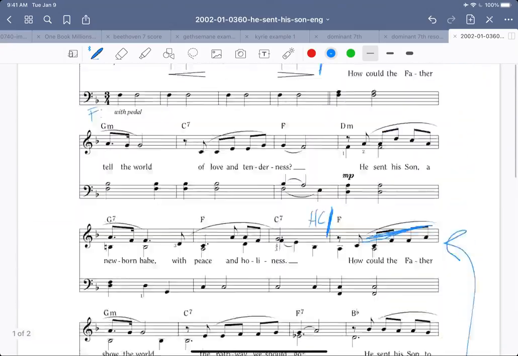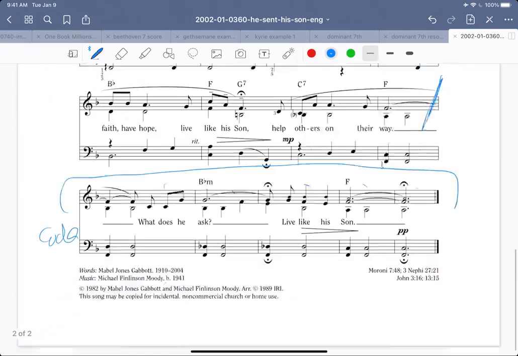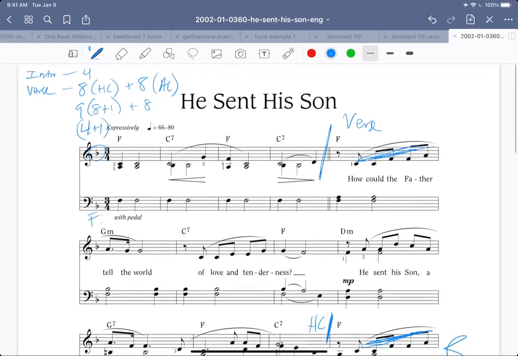So we have a 9-bar phrase, which is really 8 plus 1 because of the piano climax, and then we have that last 8 bars, and then we have a final, it's 4 plus 1 bars. It's really 4 bars with a long note at the end, so 5 bars just for modest sake.